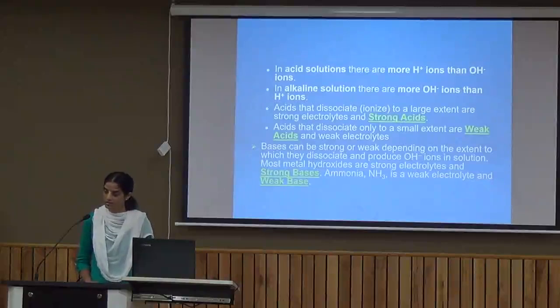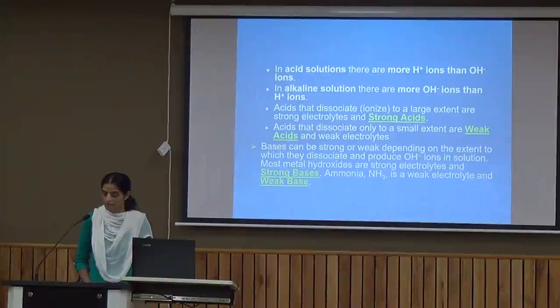Then further, they have given us the distinction between strong acids and weak acids. Acids that dissociate or ionize, or break into ions on dissolution in water to a large extent, are called strong electrolytes or strong acids, meaning they furnish a large amount of hydrogen ions in solution.